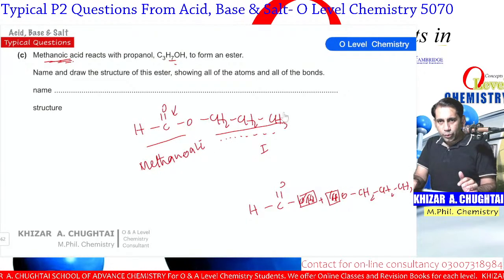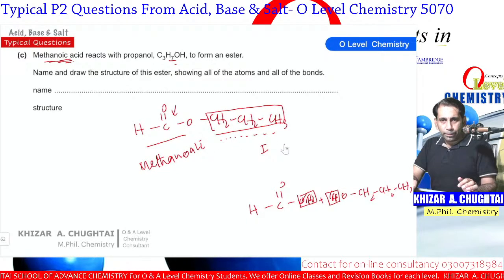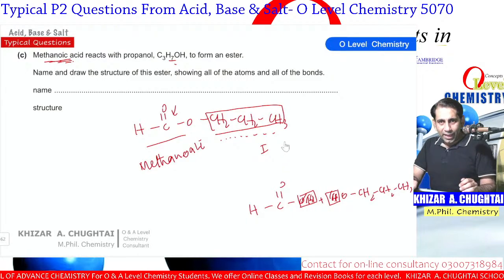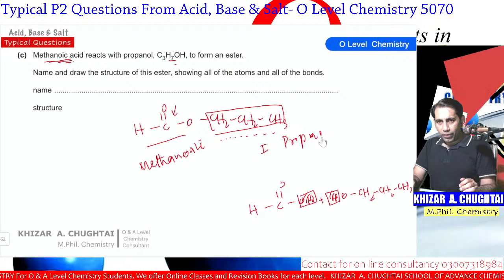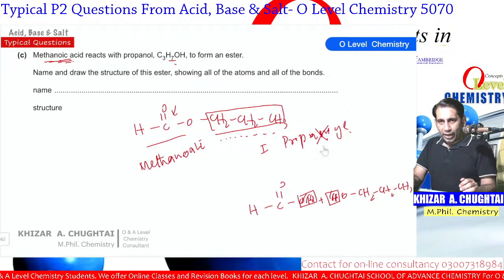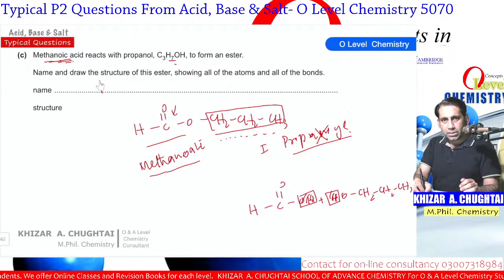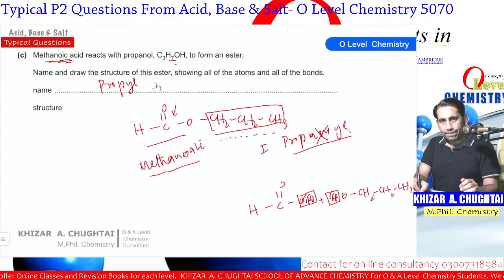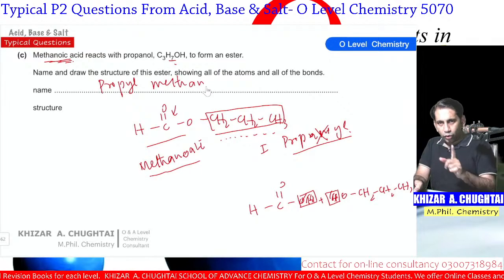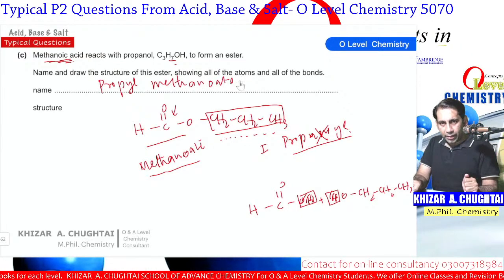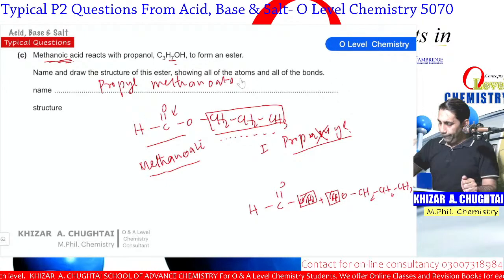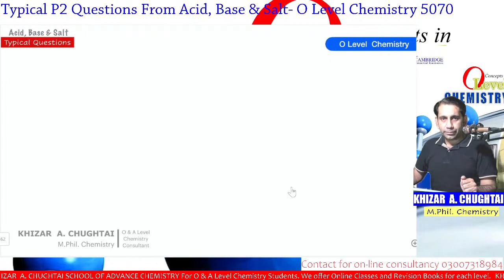What is the name of this one? It's a 3 carbon group. Its ending name will be YL. It will be prop, and removing the 'ane', we will write YL. Propyl methanoate. Don't write methaneoate. So the name is propyl methanoate.